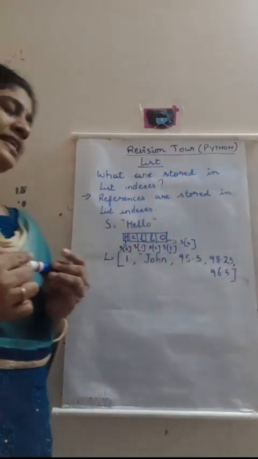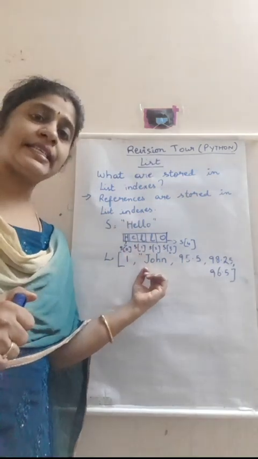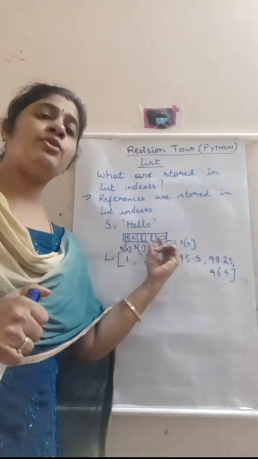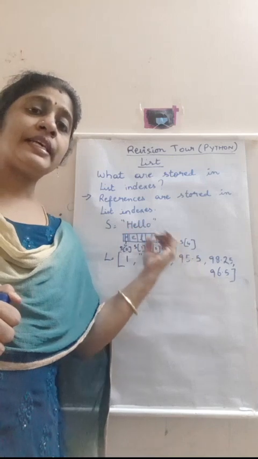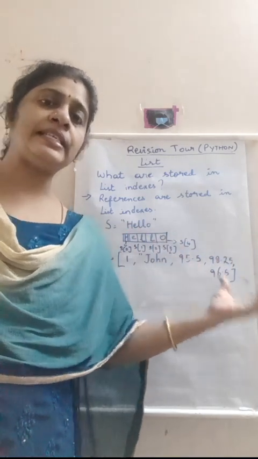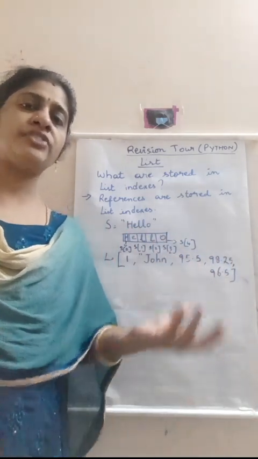So in the indexes the values are stored. That is, the characters are stored in each index in the case of a string.